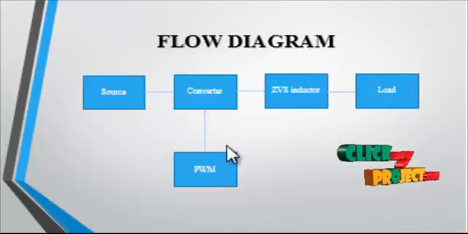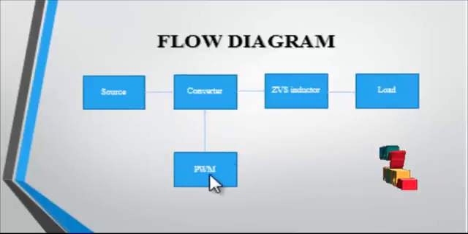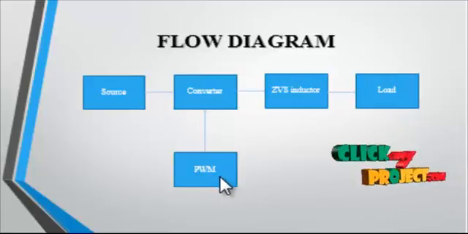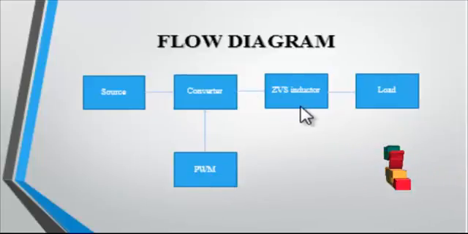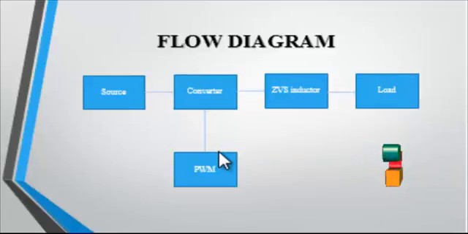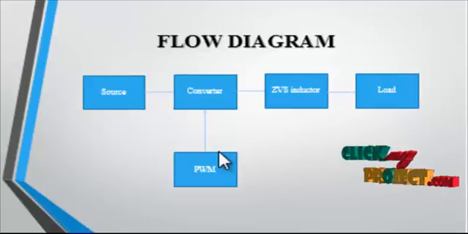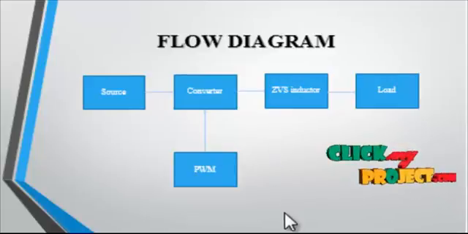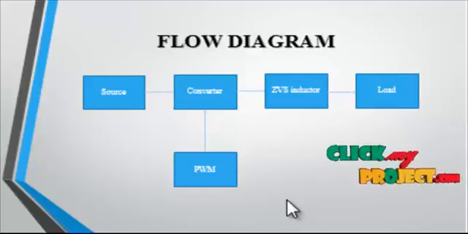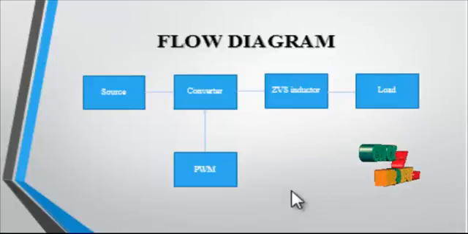And then we are using PWM, pulse width modulation. This is the controller. And then the ZVS inductor. The ZVS converters with the active clamp retain the simple features of hard switched converters. In addition, ZVS converters with the active clamp have lossless damping in the dynamic performance.